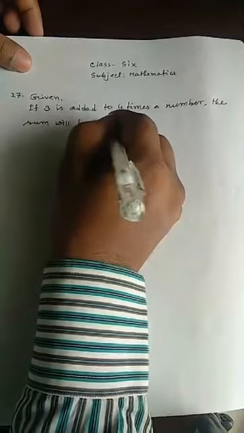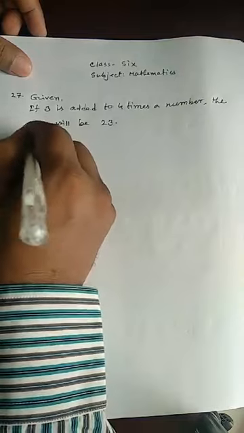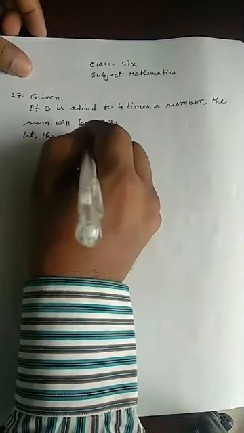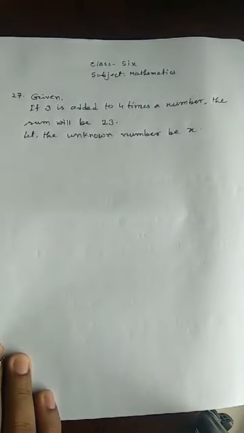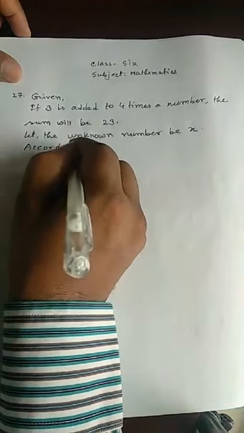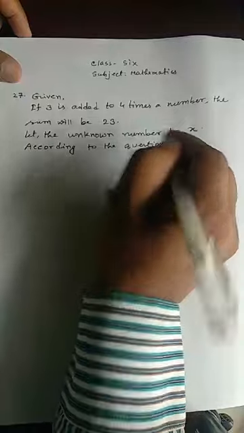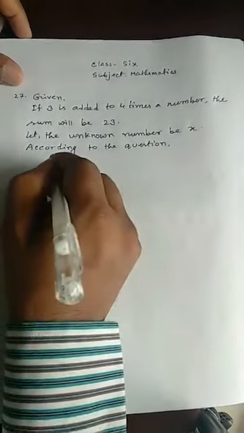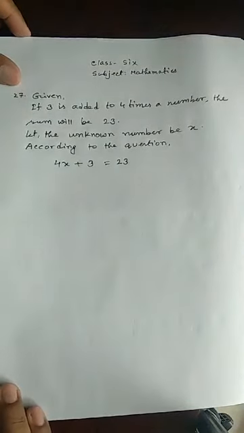According to the question, let the unknown number be x. According to the question, 4x plus 3 equals 23.